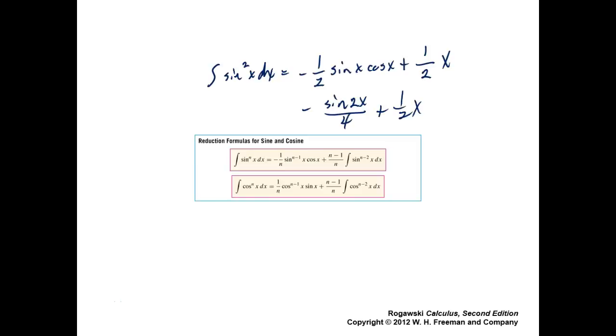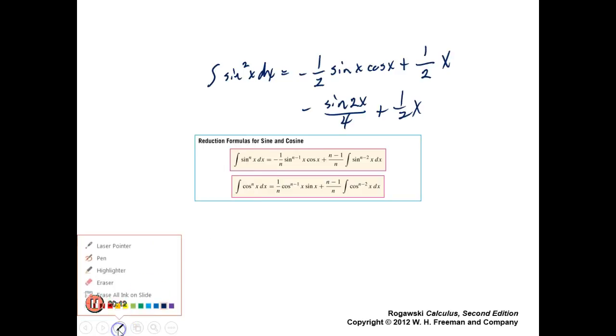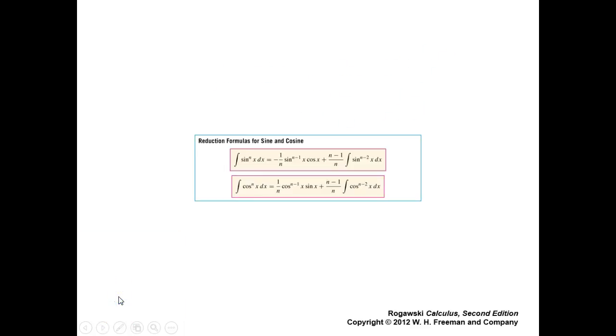What they did here was use, so let's just go back. What we can do is use this reduction formula. We also call it a recursive formula, whatever you want to call it.